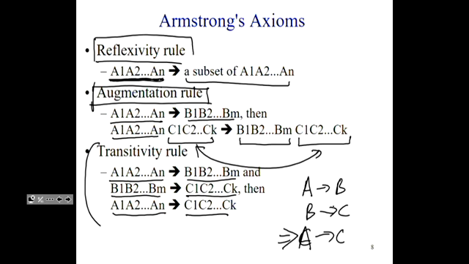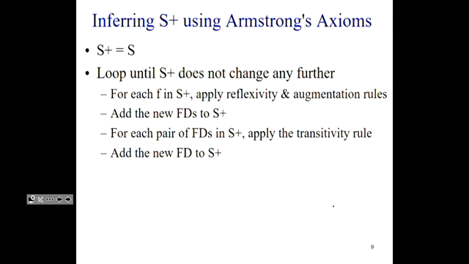All right. So, how do we infer the closure of a set of functional dependencies using Armstrong's axioms? Well, the way to do this is the following. You start with the set of functional dependencies that you have, and then you loop until you can't get any more rules. Within the loop, for each functional dependency in the current set that you've identified, you apply the reflexivity and augmentation rules.